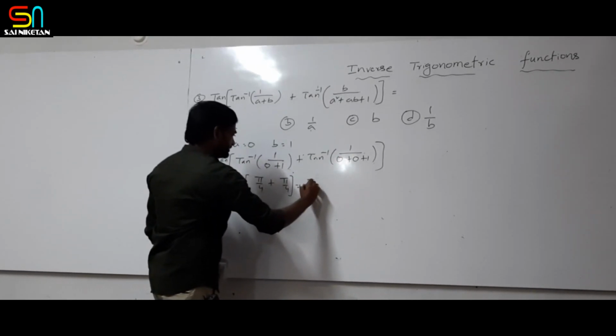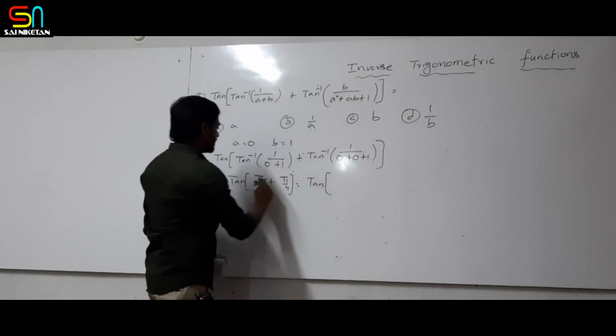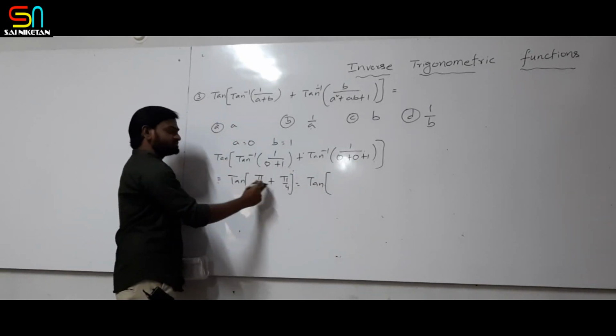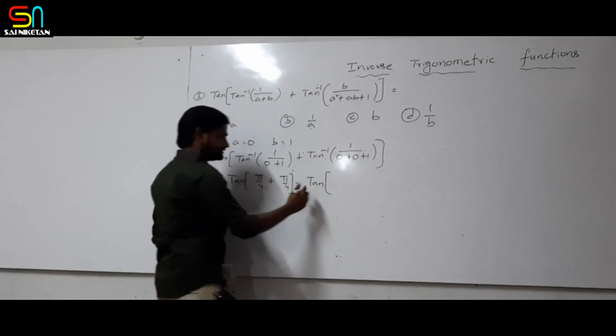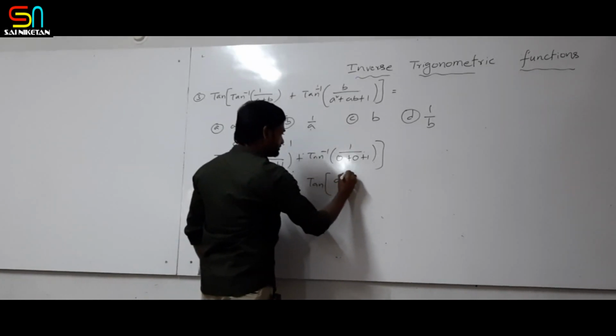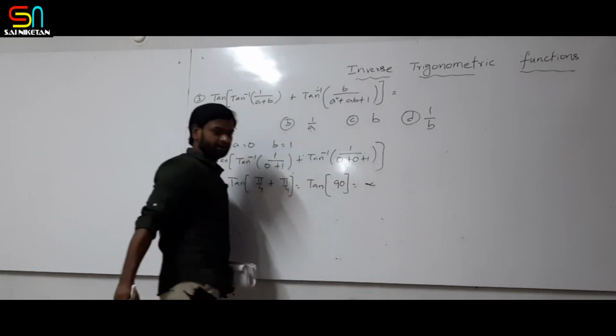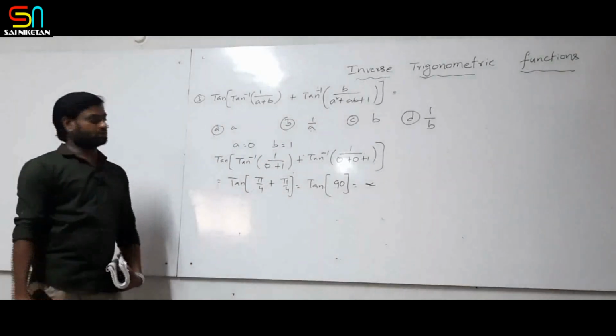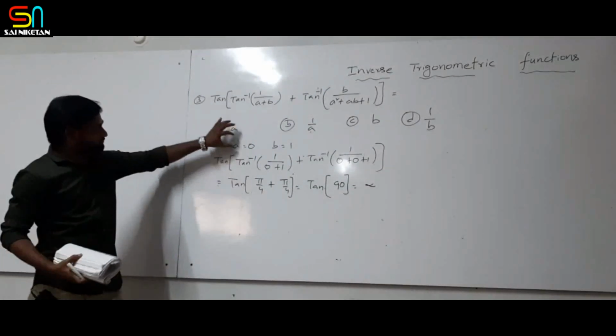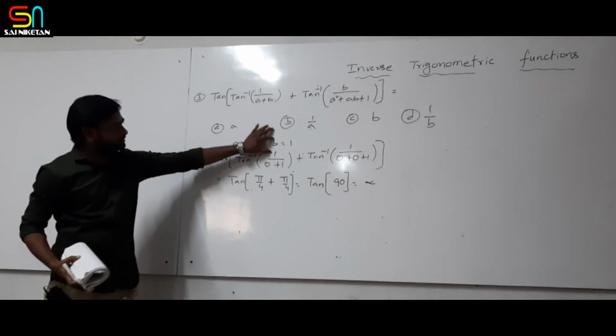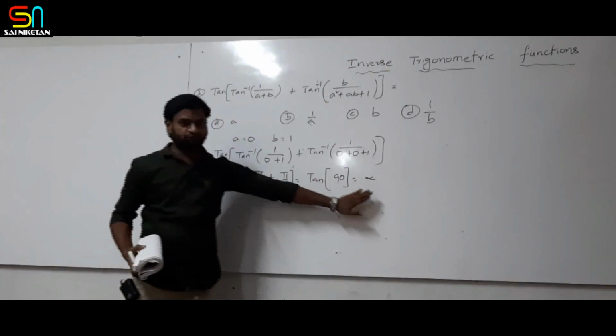That is tan of pi by 4 plus pi by 4, that is 45 plus 45, that is 90. Tan 90, what is the tan 90 value? Not defined. Okay, that means if you substitute a value 0 and b value 1, the answer to the question is not defined.